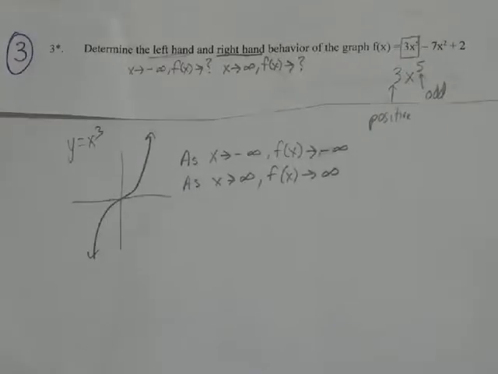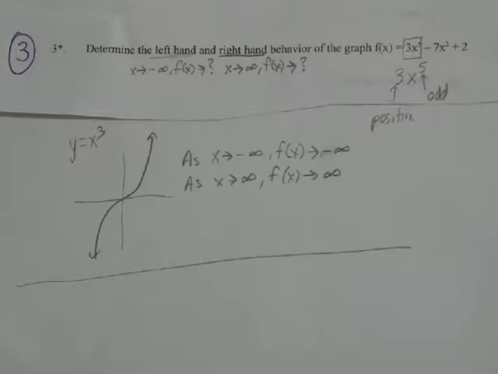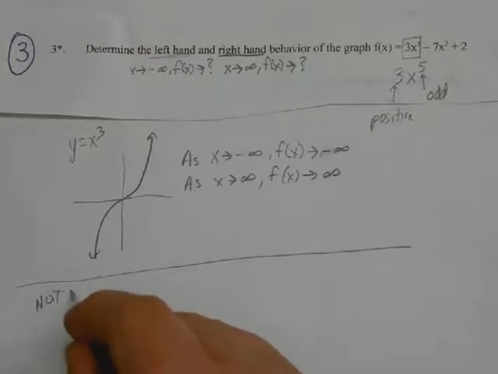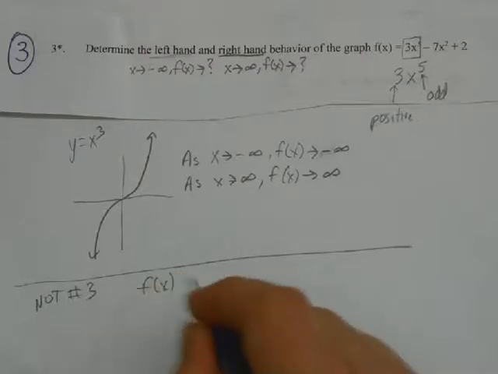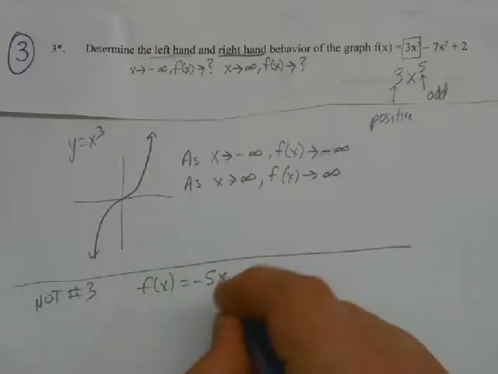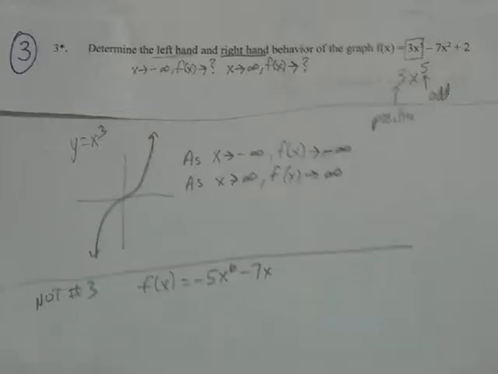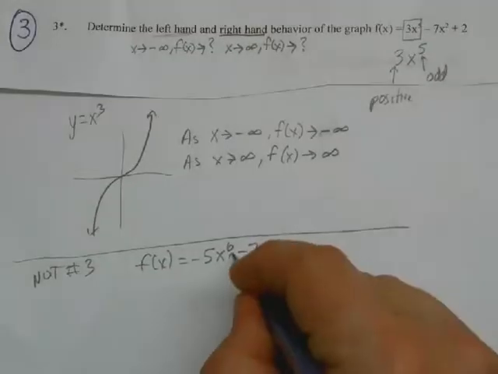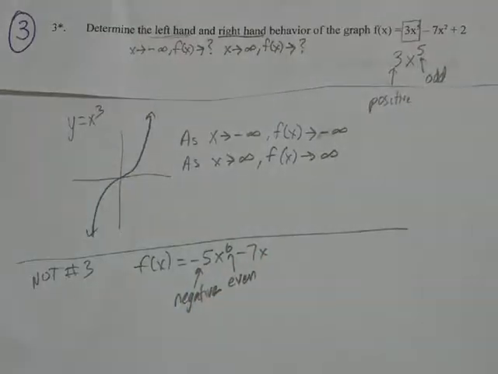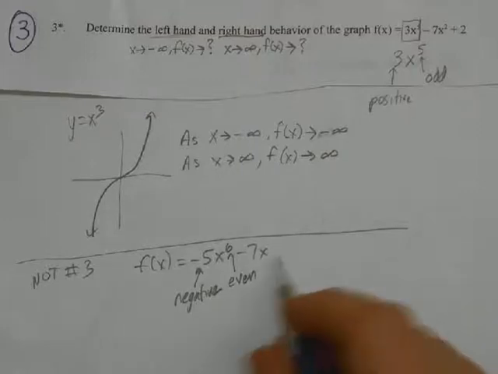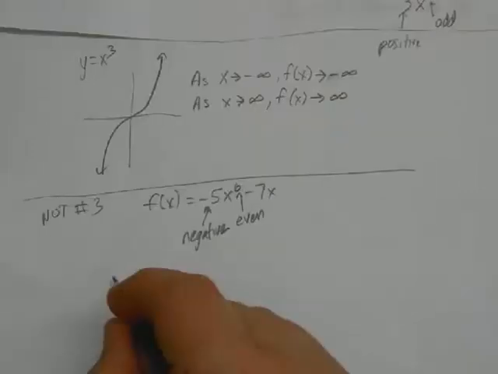Now, if the degree was even, so this is not number 3, let's say we had this function. We see that that's even, and that is negative. So what even function do we know the graph of?